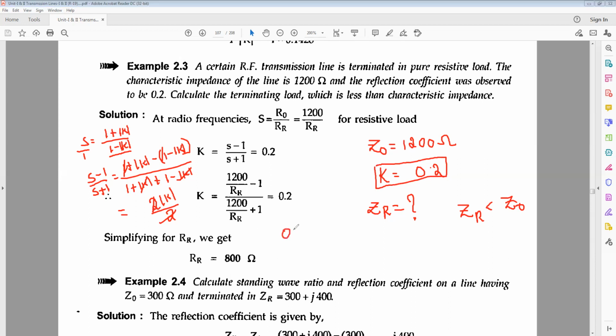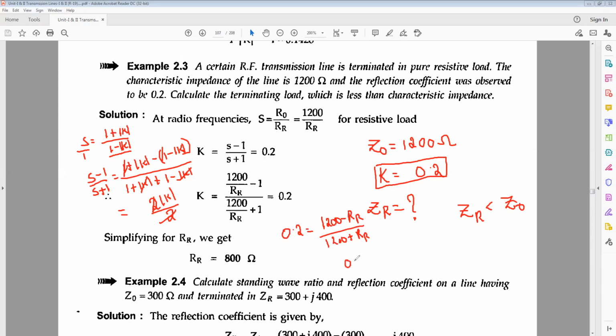0.2, K is equal to 1200 minus RR, and in the denominator 1200 plus RR. Both denominators are the same, so they get cancelled.